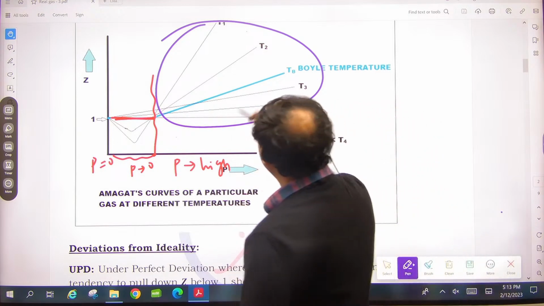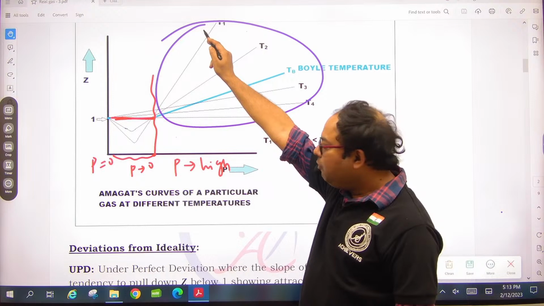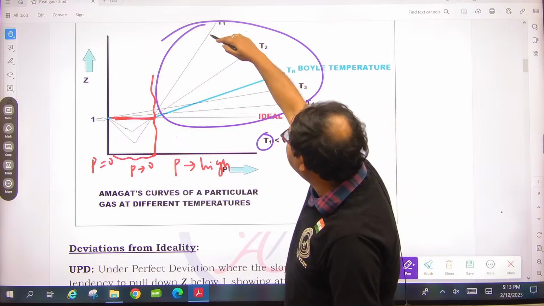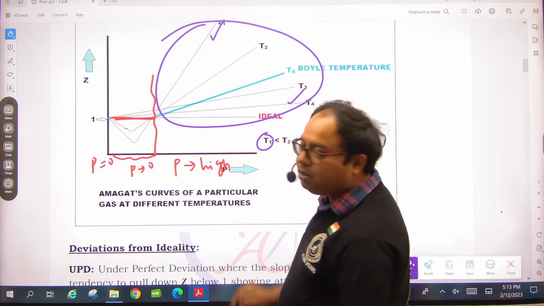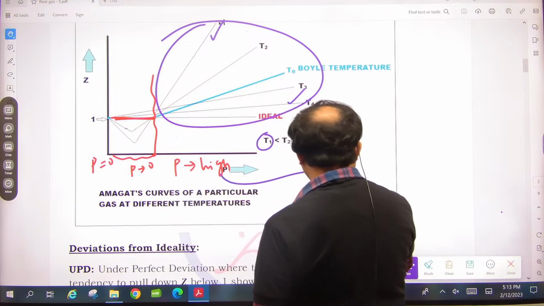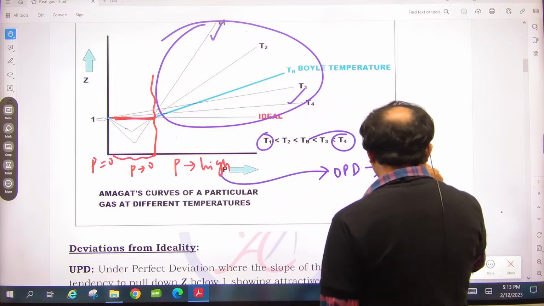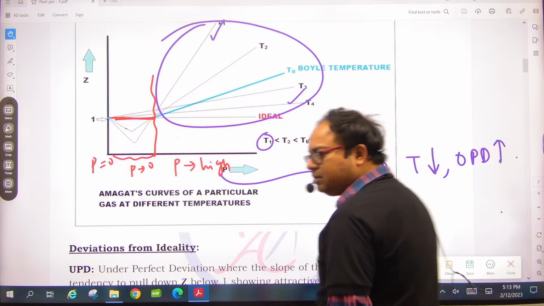And you see, as the temperature is lowered, the extent of OPD increases. For T1, the lowest temperature, the OPD is highest. For T4, the highest temperature, the OPD is lowest. So for P high, you just have OPD, and as T gets lowered, the extent of OPD increases.